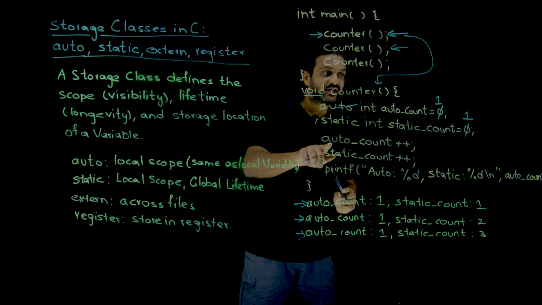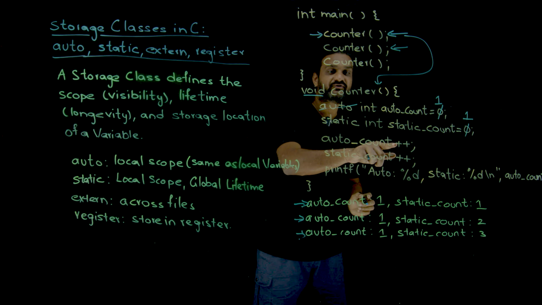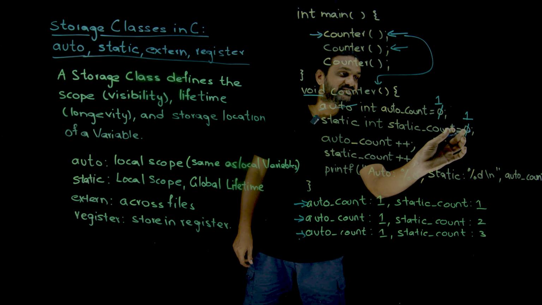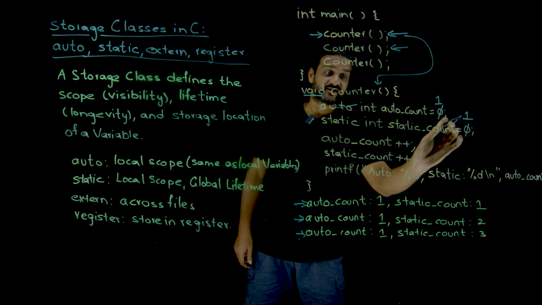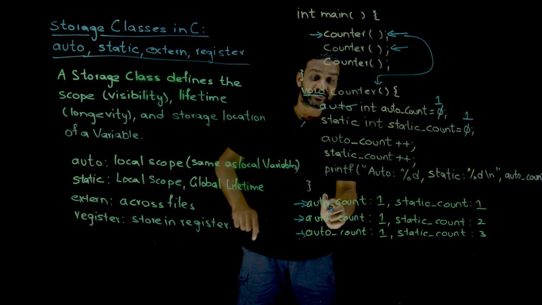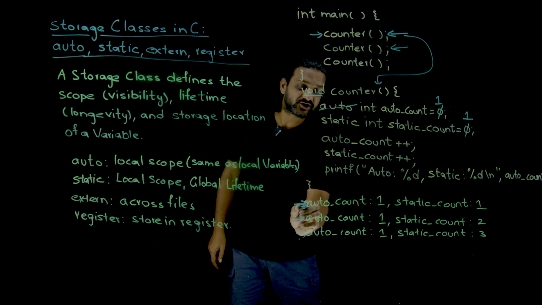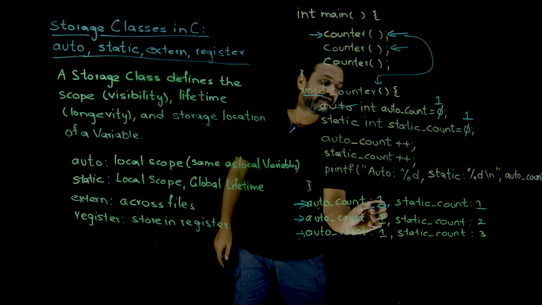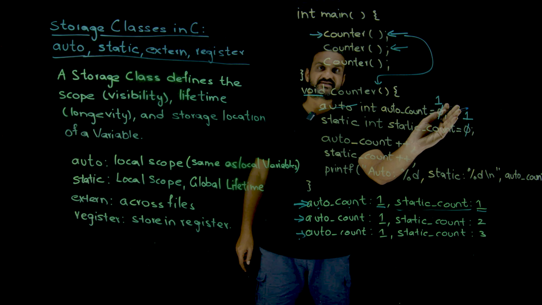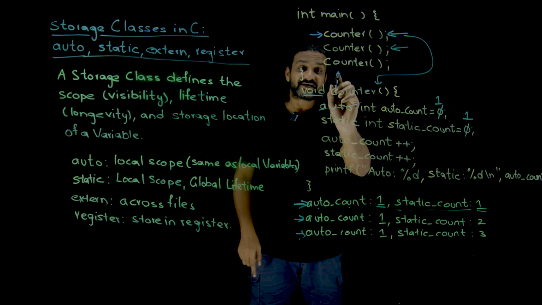So now I have incremented the value of auto count, it has become 1, and I have incremented the static count, now it has become 1, and we are going to print. We are calling this for the first time, so in the first output it is going to print auto count is equal to 1 and static count is equal to 1. Now we have completed this function.